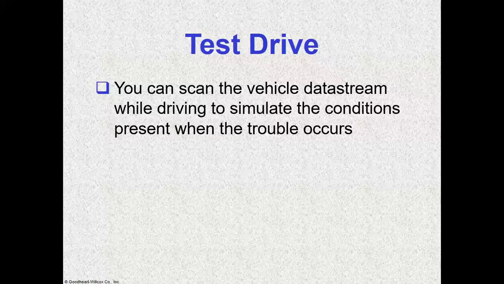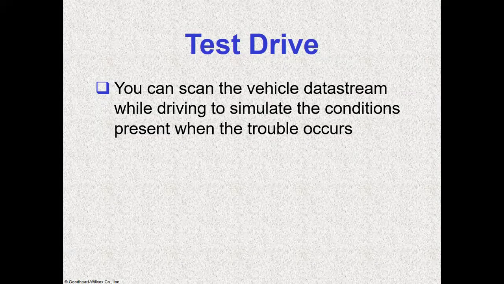So what you can do now, for instance, is delete the code after you fix the problem, or you think the problem is fixed, and you scan back and you don't see the code come up. When you do a test drive, based on what the freeze frame data says, you can drive at that particular speed.